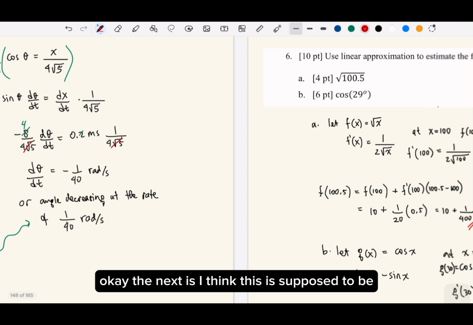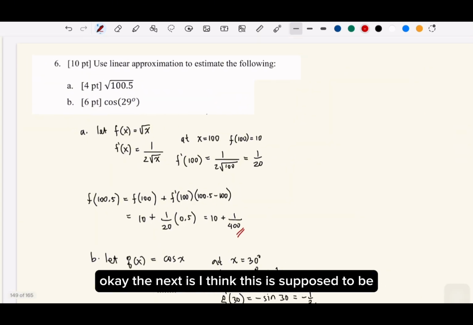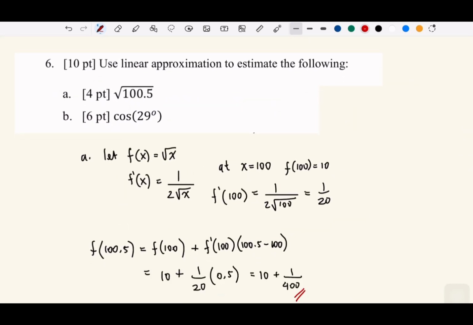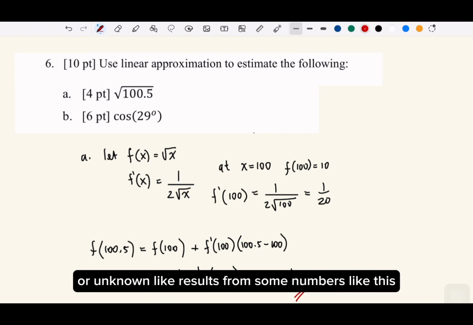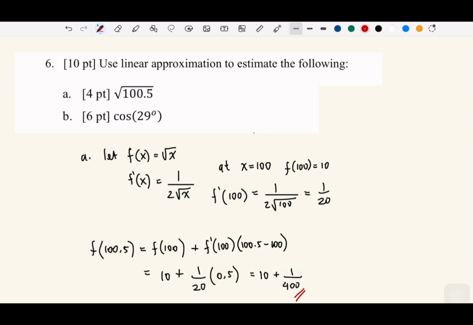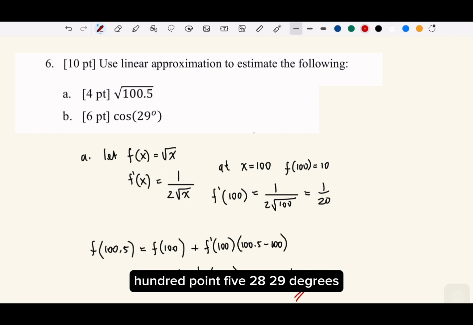Okay, the next is, I think this is supposed to be simple. So the idea of the approximations is basically every time you have an unknown function or unknown result from some numbers like this, 100.5, cosine of 29 degrees.